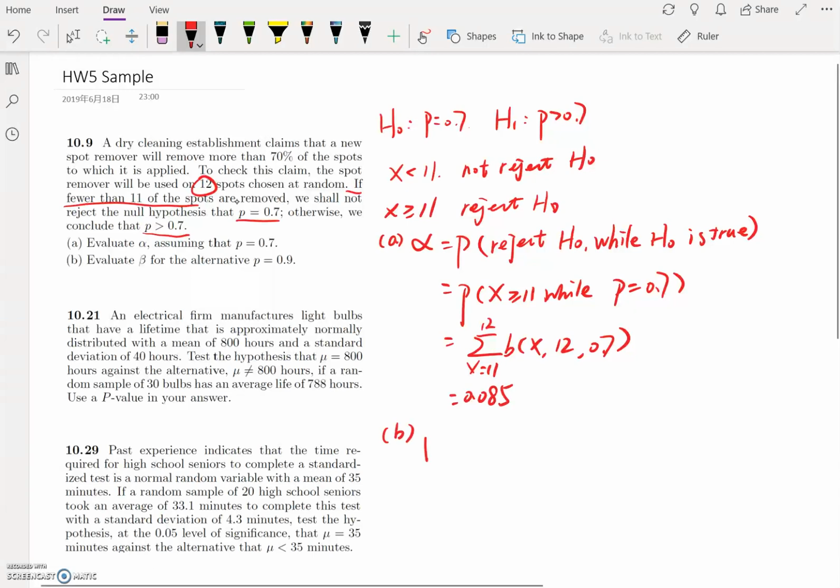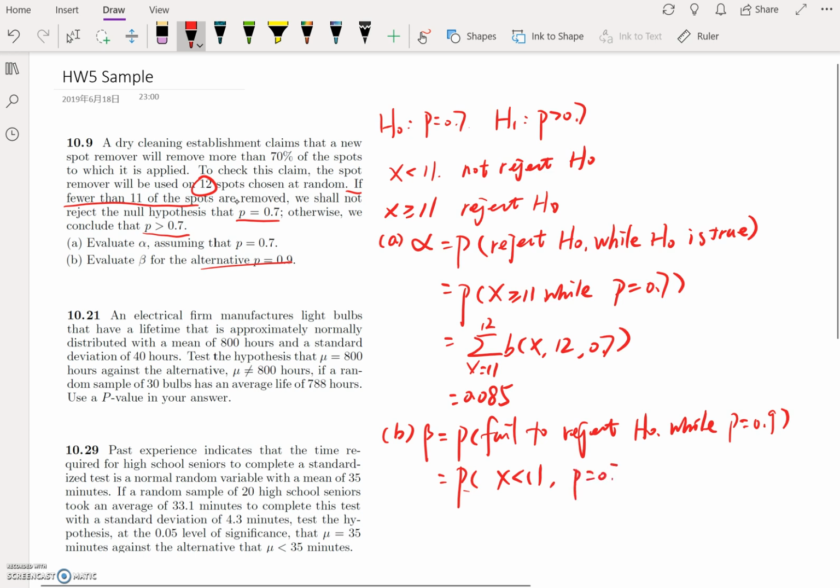So for part B, beta equals the probability of failing to reject H0 while the alternative is true, so p equals 0.9. This equals the probability x less than 11, while p equals 0.9. So it's 0 to 10.